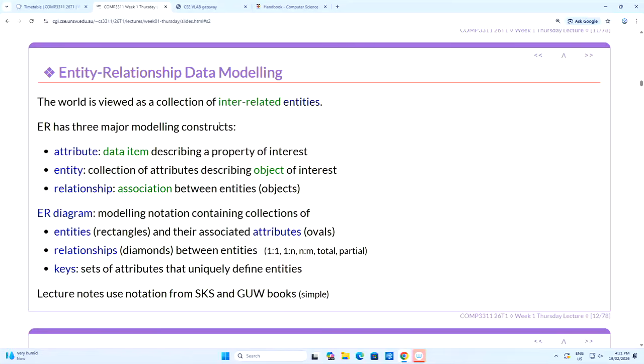Well, students' marks, students' study level, like postgraduate or undergraduate or higher research degree. I think in UNSW they call it HDR, higher degree research. Or the year in which you enrolled.